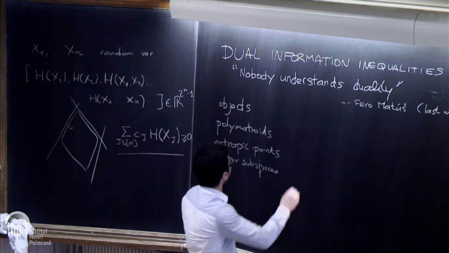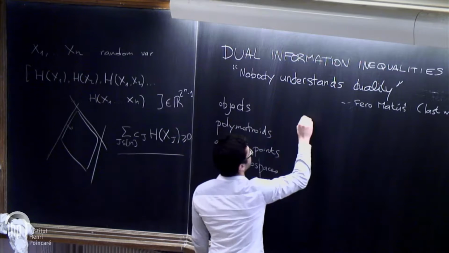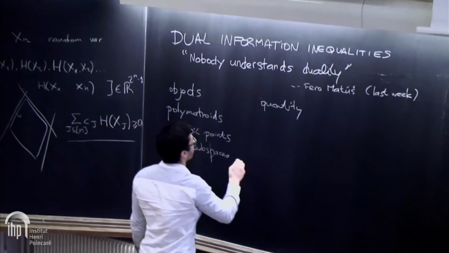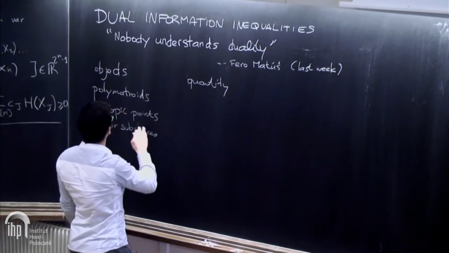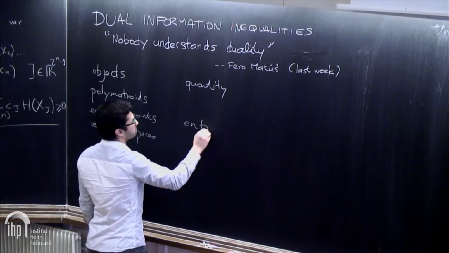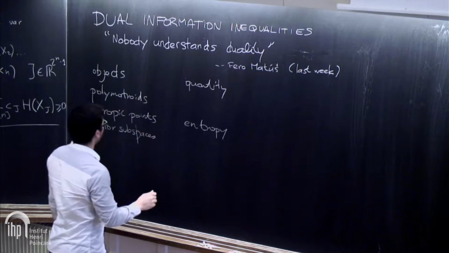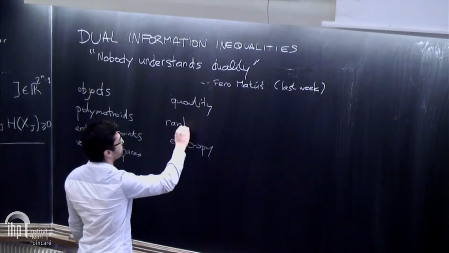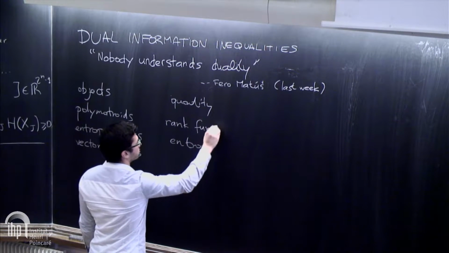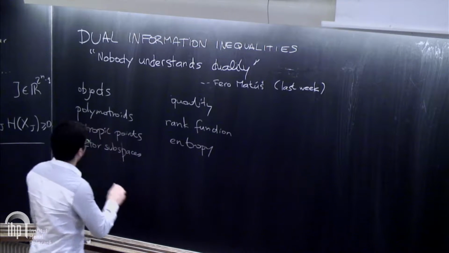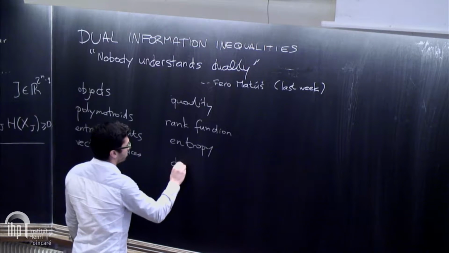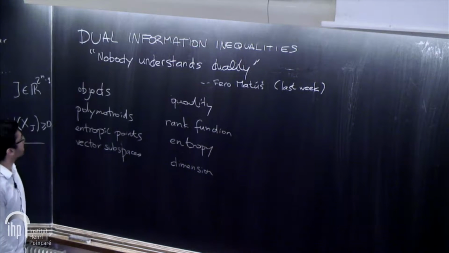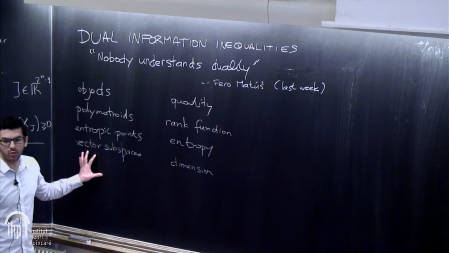For these objects we study the following quantity. For entropic points it is the entropy, which is our main object. For polymatroids we can view it as a rank function. For vector subspaces we study the dimension, and there we call them rank inequalities.